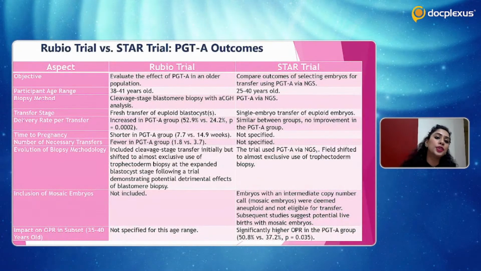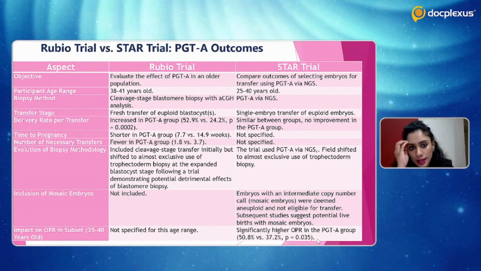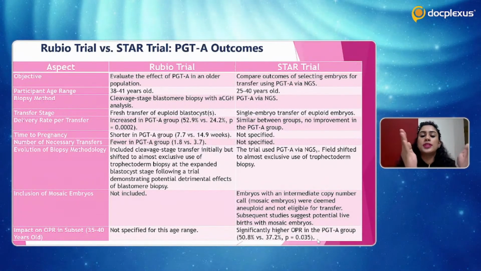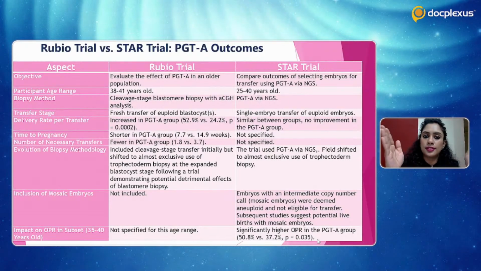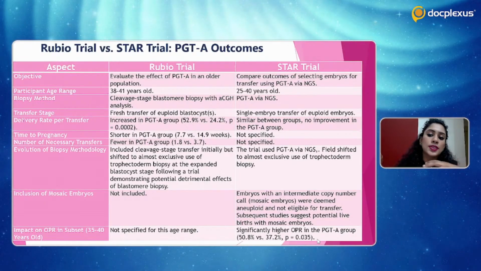So when we compare the Rubio trial versus the STAR trial, what we found in the PGTA outcomes: the Rubio trial evaluated PGTA in an older population, whereas the STAR trial compared the selected embryos for transfer in the NGS group.